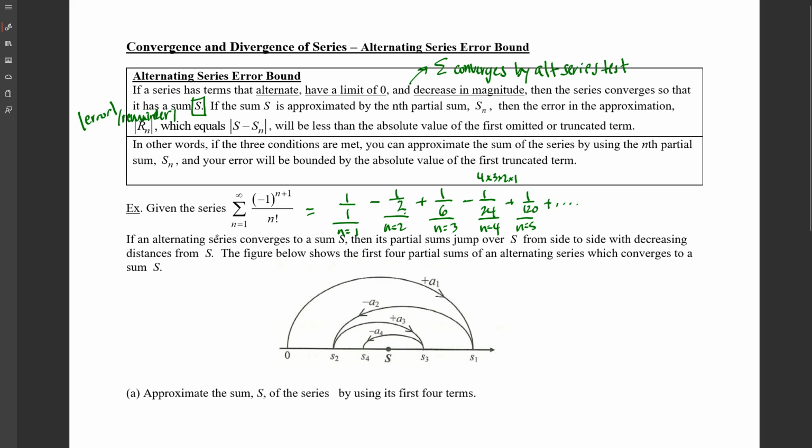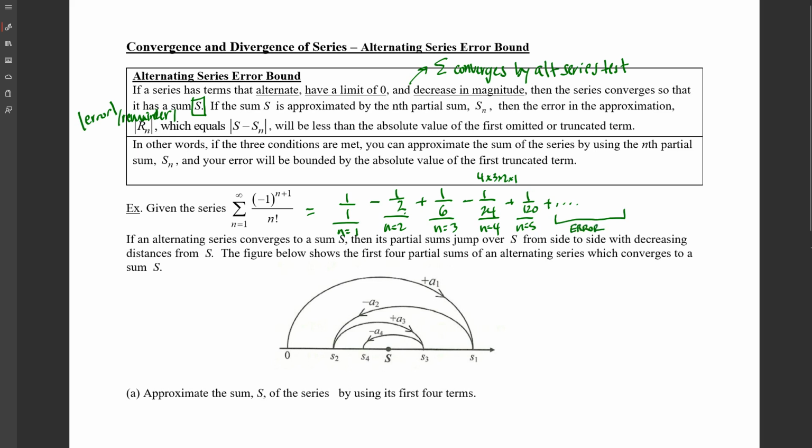So what I say is that if I just use these numbers that I have here to approximate the value for this summation here, then the part that I don't have here is called my error, right? This part right here is going to be my error, okay?